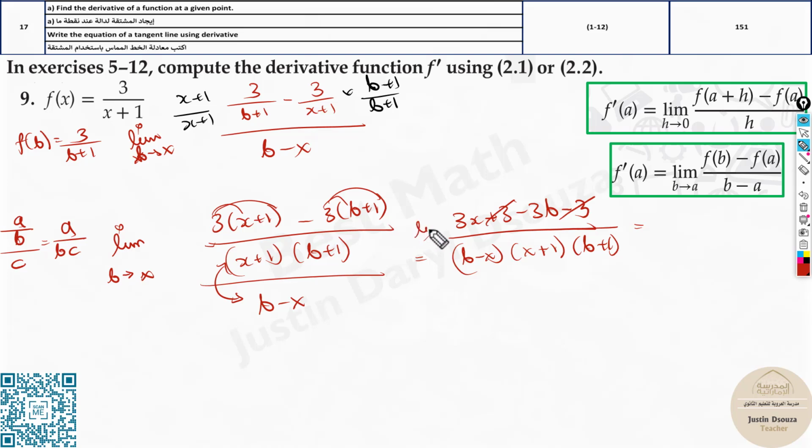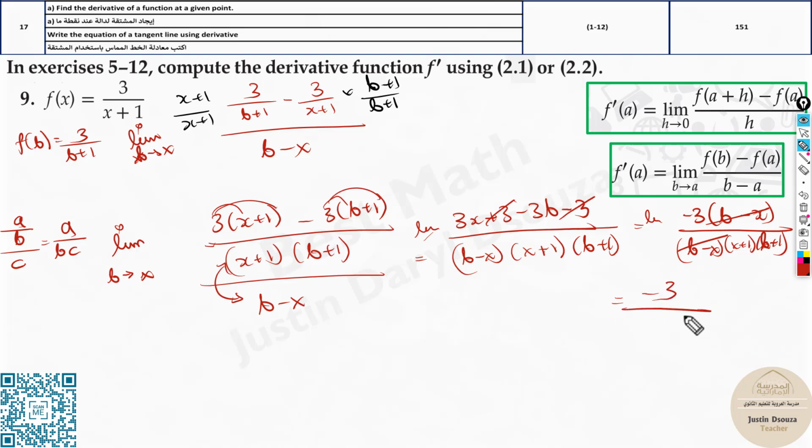There are limits everywhere. Limit is there, and here also the limit is there. Minus 3, when I remove it outside, this b becomes positive and it's b minus x divided by b minus x, and the other two terms, x plus 1, b plus 1. Now this cancels off.